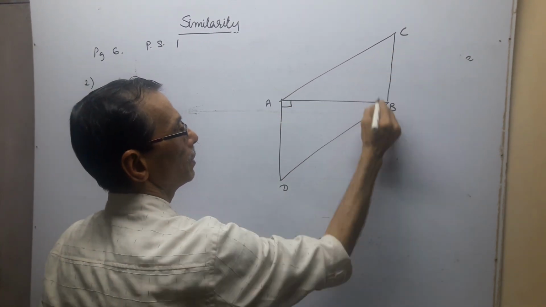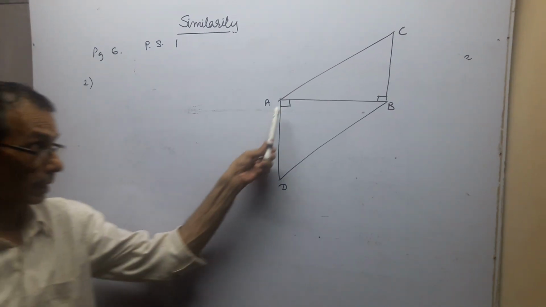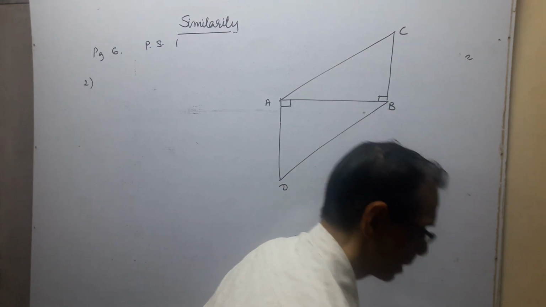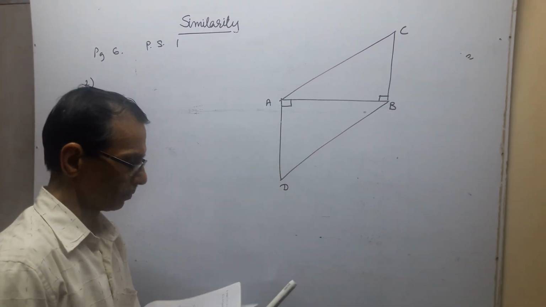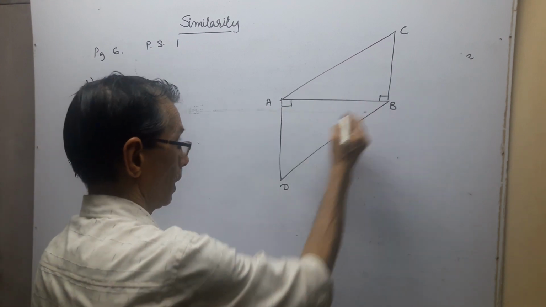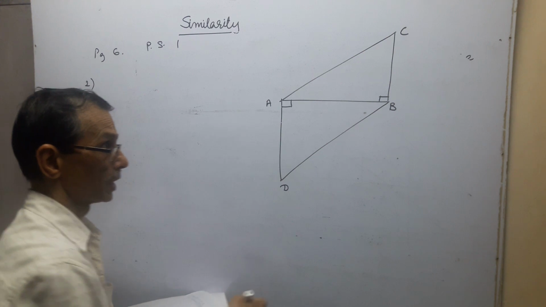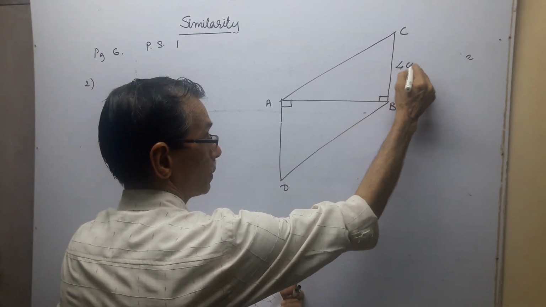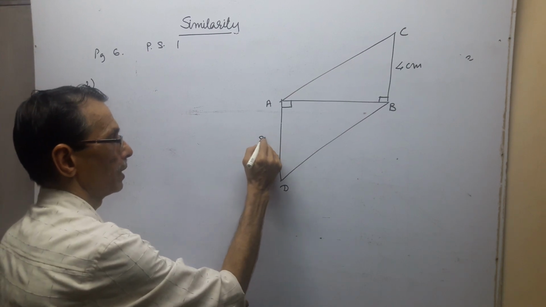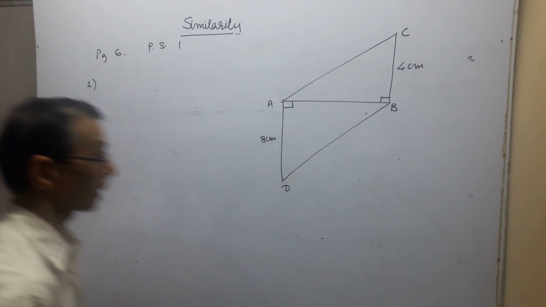Triangle ABC and triangle ABD. Both the triangles have the same base AB. BC is perpendicular to AB and AD is also perpendicular to AB. Here BC is given 4 centimeter and AD is given 8 centimeter, and we have to find the ratio of the areas of these two triangles.